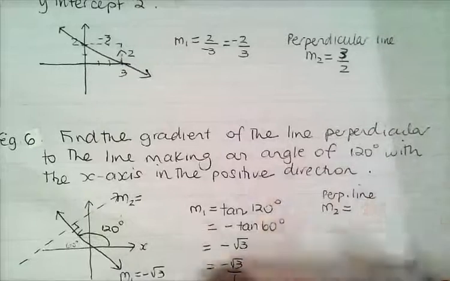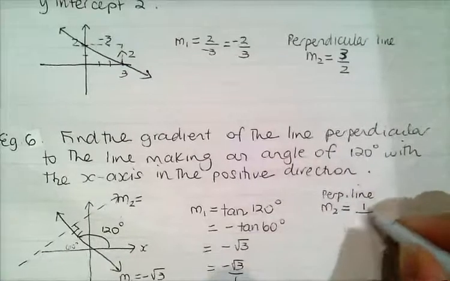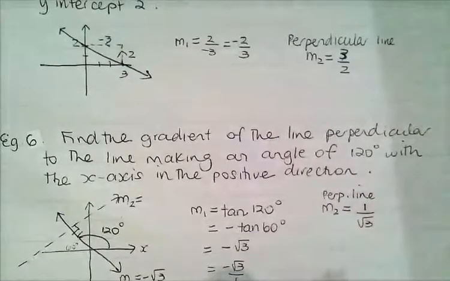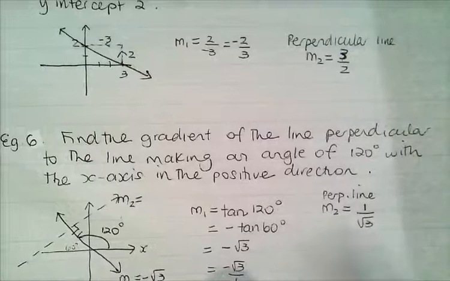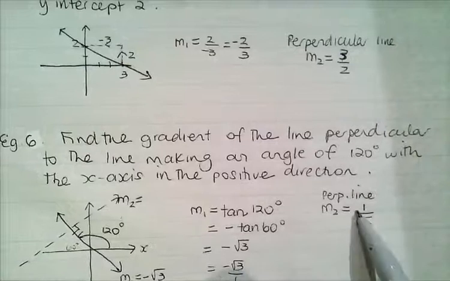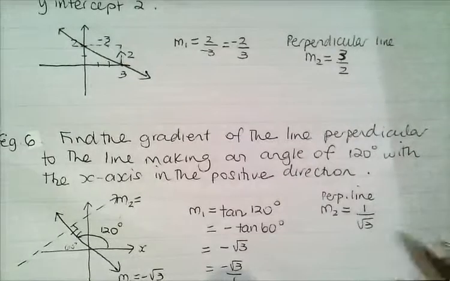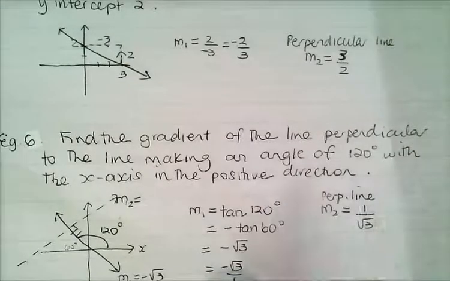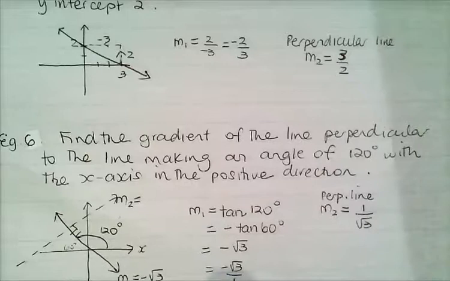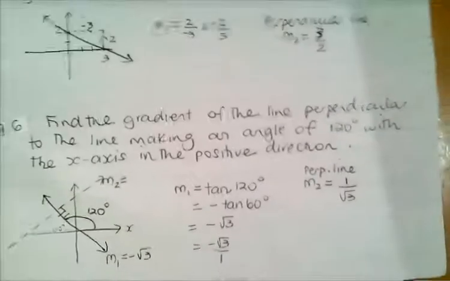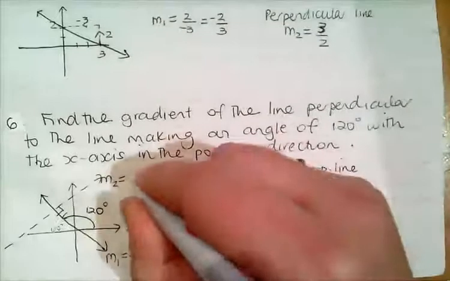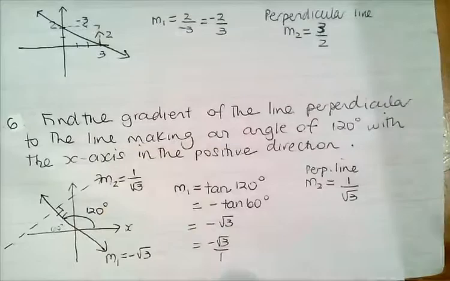So this will be the flipped version of that, which is 1 on root 3. So negative here, positive there, and then flipping root 3 on 1 becomes 1 on root 3. Therefore, the gradient of the line perpendicular to this line is 1 on root 3. I'll just write that up here, that this line would have gradient 1 on root 3.